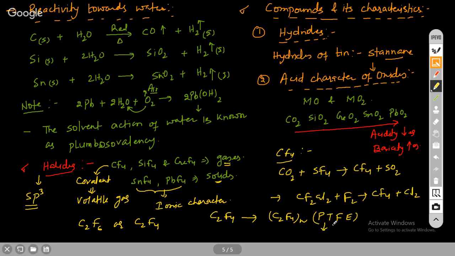It is used as a good electrical insulator, for coating non-stick pans and razor blades.